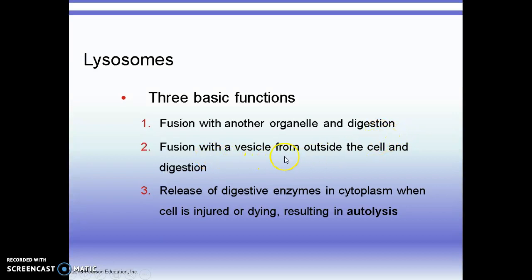It can fuse with a vesicle from outside the cell and digest whatever's inside. For example, bacteria. If it's a white blood cell, the lysosomes of the white blood cell will fuse with the bacterial vesicle and digest it. It will also be responsible for destroying the cell when it is injured beyond repair.